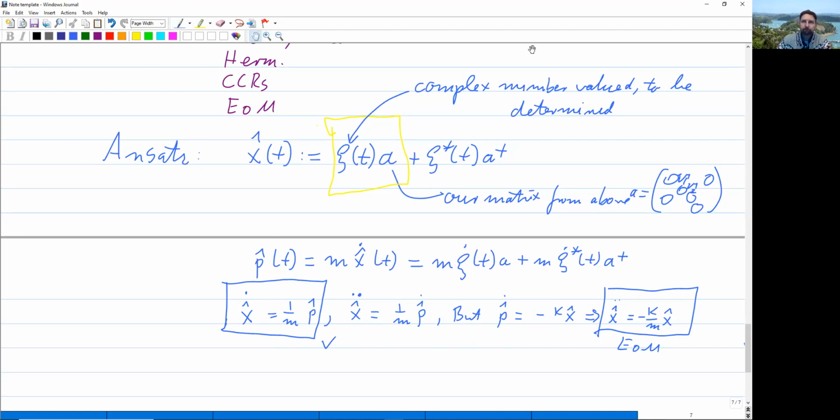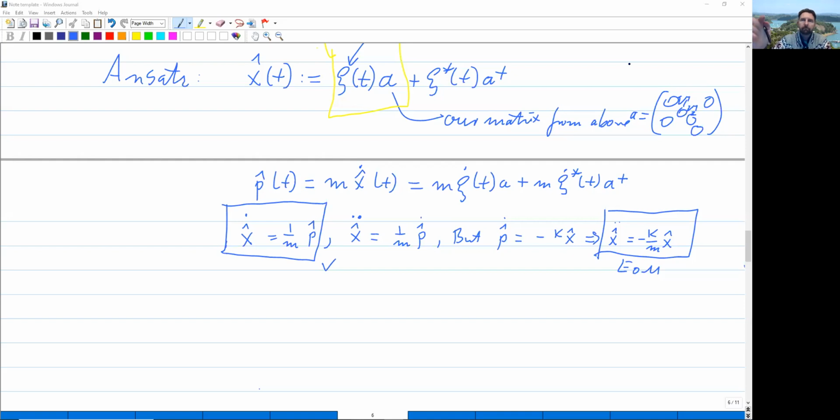Now, remember our overall strategy. We wrote an ansatz, x hat of t, as a product of a time-dependent function, which is commutative, times A, which is a matrix that's constant in time, but can lead to non-commutativity. Now, the psi has to have the suitable time dependence to fulfill the equations of motion. And how does that come about?